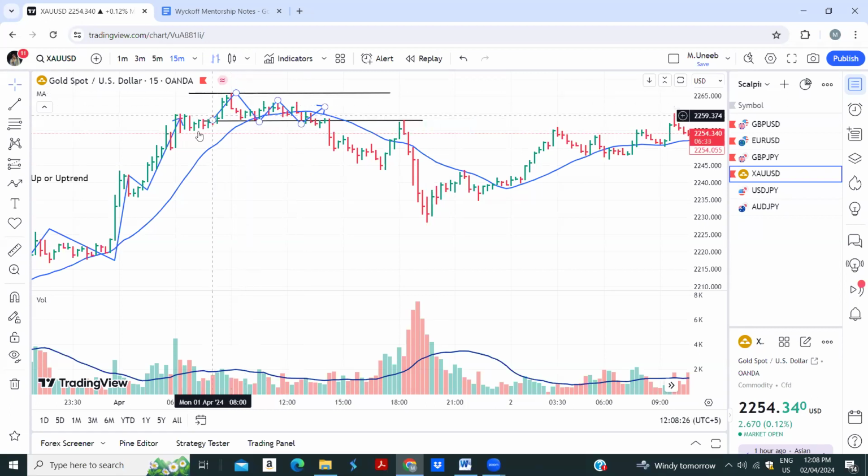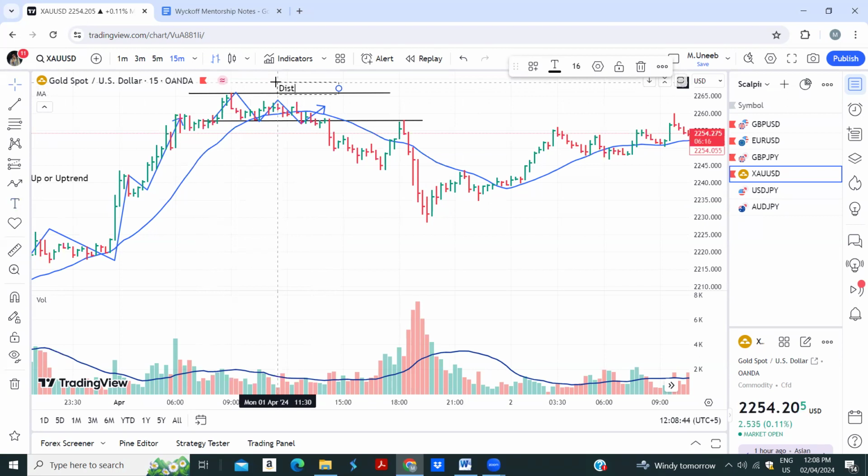Here, the buying pressure is equal to selling pressure, or the demand is equal to supply. And the price is moving in a sideways, ranging, or consolidation market. We can say that the price is in equilibrium. We call this stage distribution.